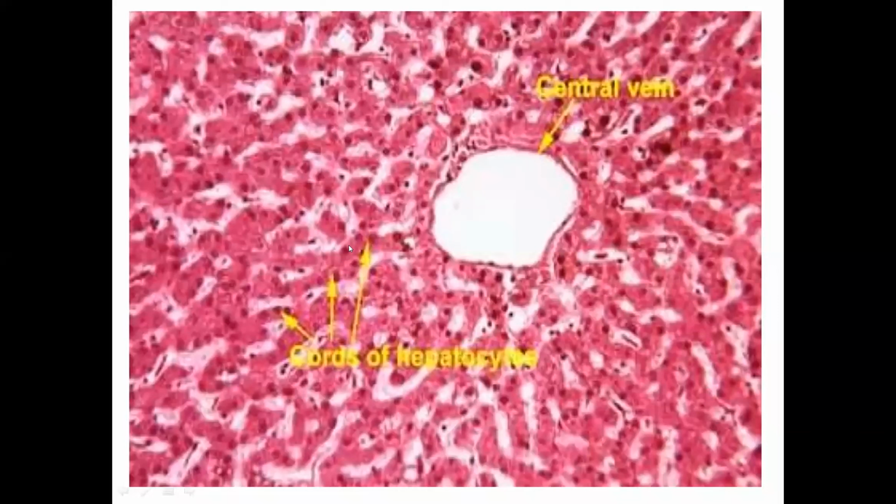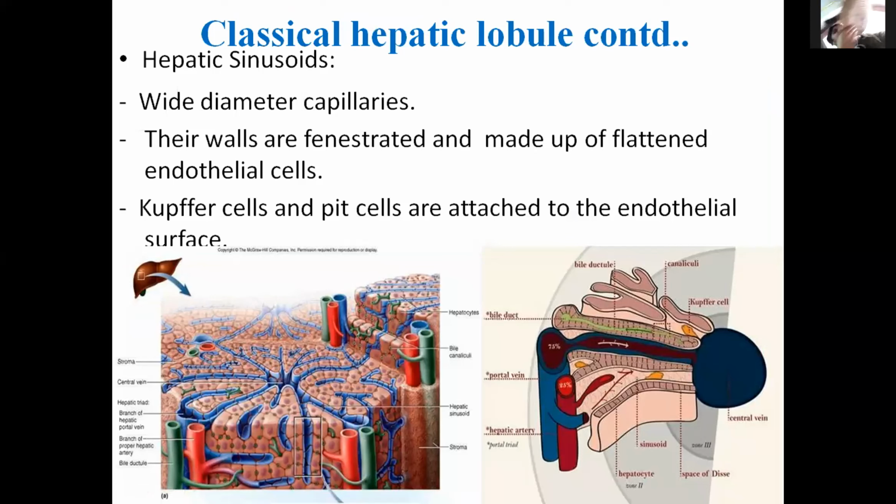Liver cords will form the lamina of the liver and the hepatocytes, and the liver sinusoids occupy the lacunae of the liver. Lacunae are the spaces between the lamina or liver cords.